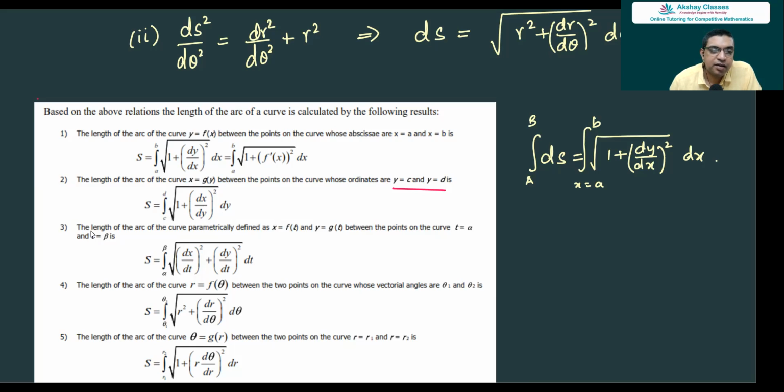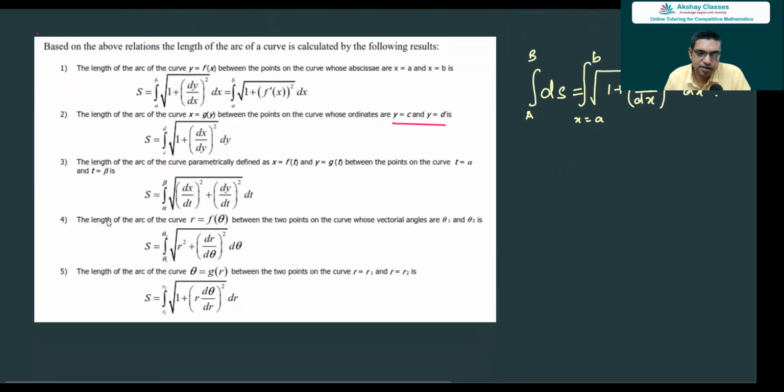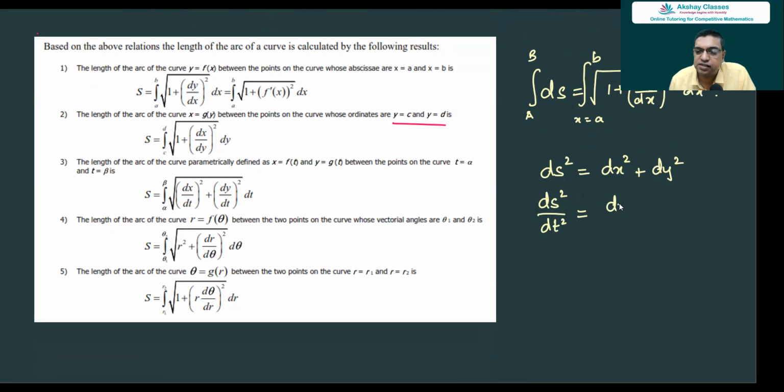Okay. Next, if it is parametric, very simple. Here, in the parametric form, ds square is dx square plus dy square. So ds square by dt square is dx upon dt the whole square plus dy upon dt the whole square.